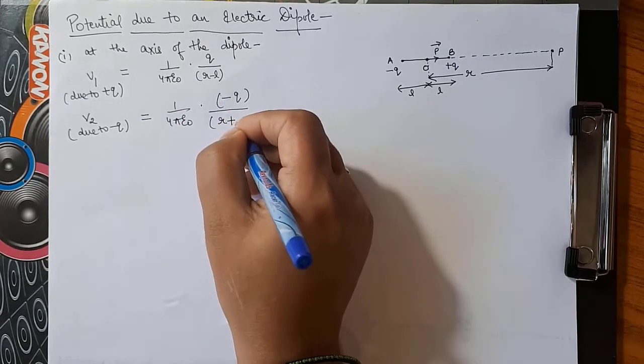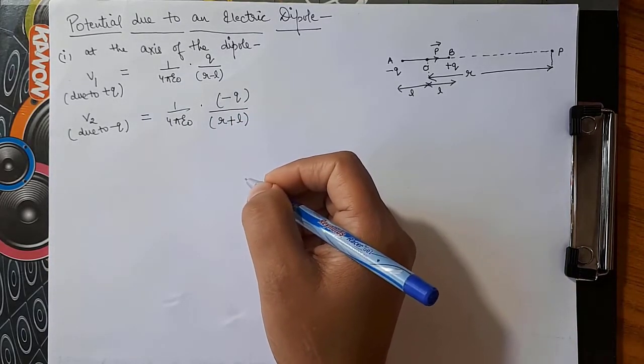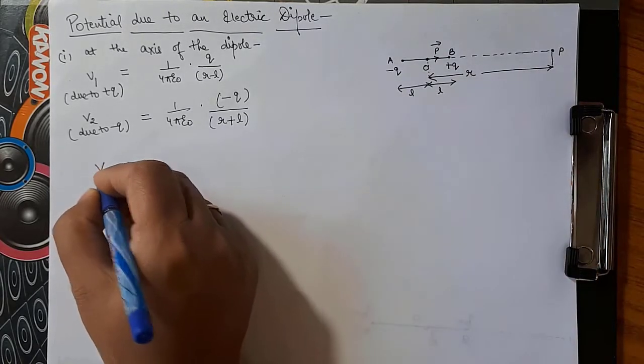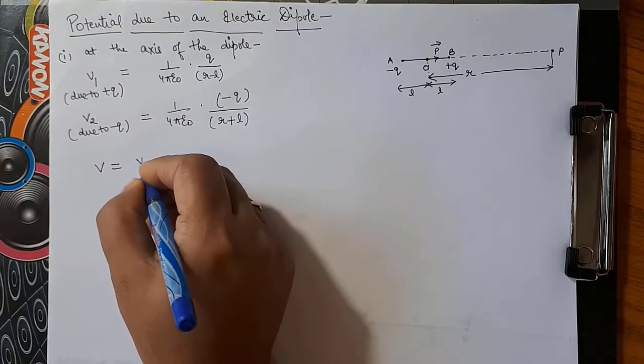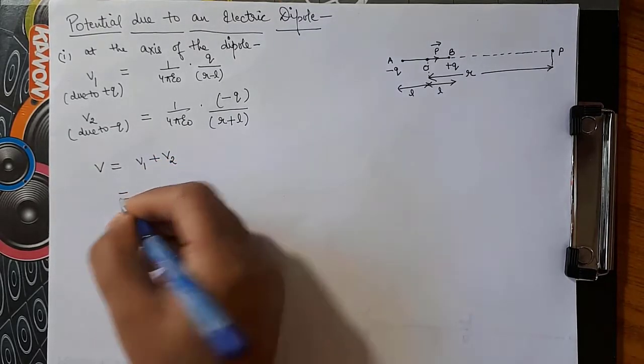Here the distance will be r plus L. Now in order to calculate the resultant potential at P, as potential is a scalar quantity, the resultant will be simply the sum of the above two potentials.